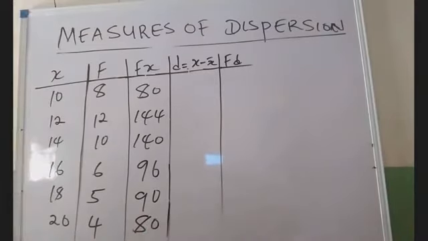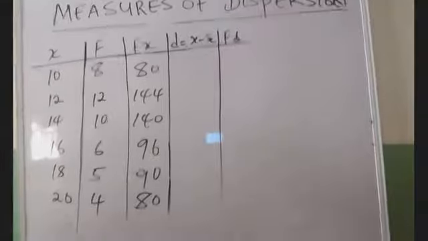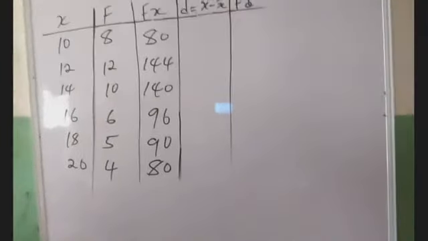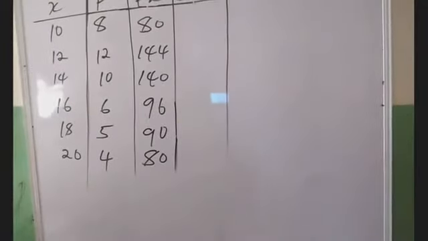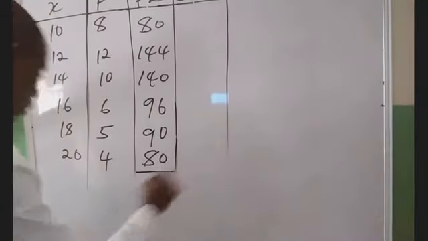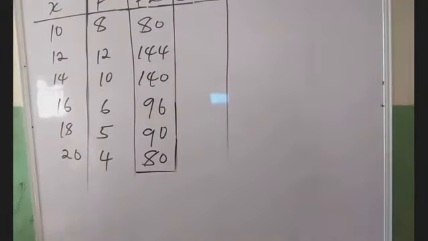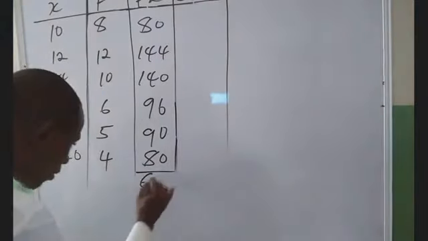If we add this together, we have 80 plus 144 plus 140 plus 96 plus 90 plus 80. That will give us 630.